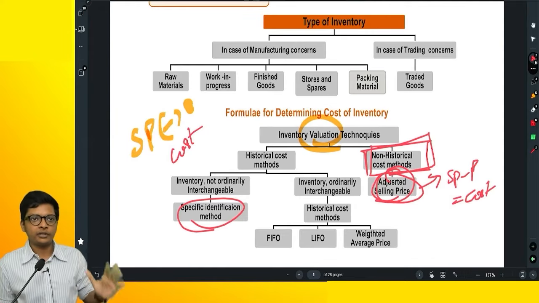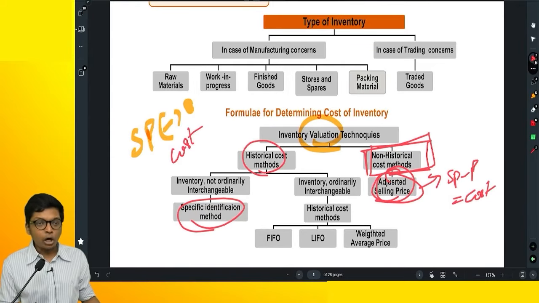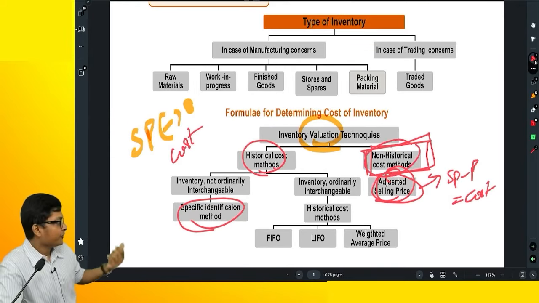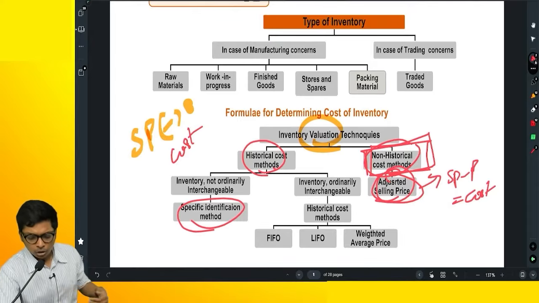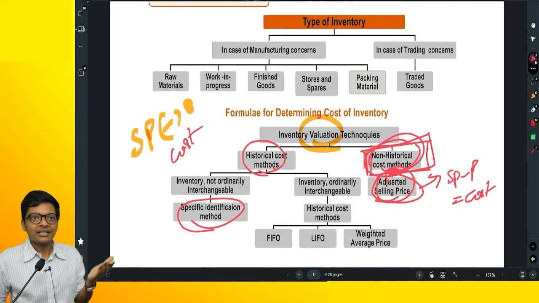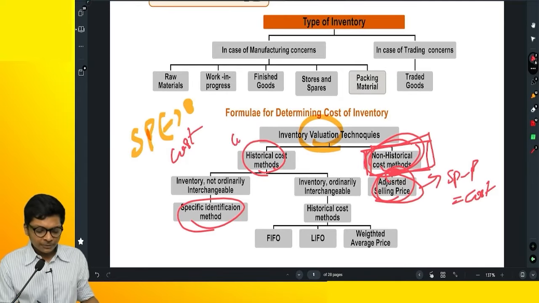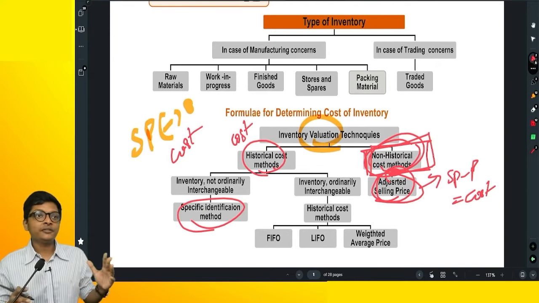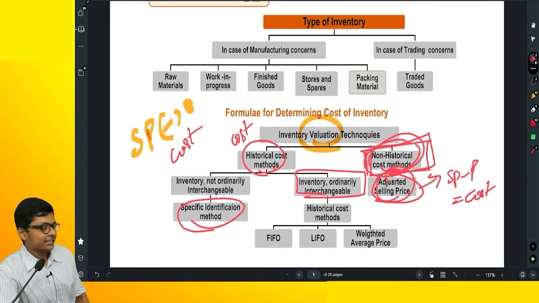Selling price minus profit. So there are two methods, historical cost method and non-historical cost method. Non-historical cost method means we are using selling price to find the cost. Historical cost means using cost we are trying to find. Under that, as per AS 2, we have inventory ordinarily interchangeable.